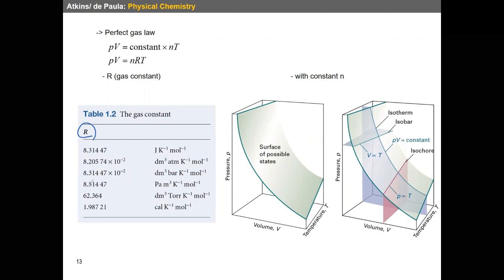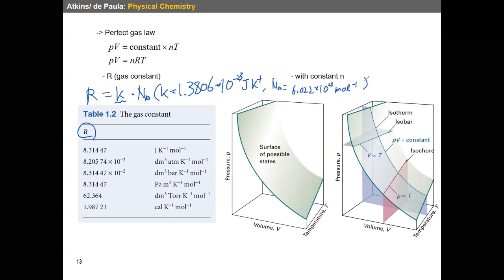So what does this mean? R equals the Boltzmann constant k times N_A, the Avogadro number, where k equals 1.38 and N_A equals 6.022.